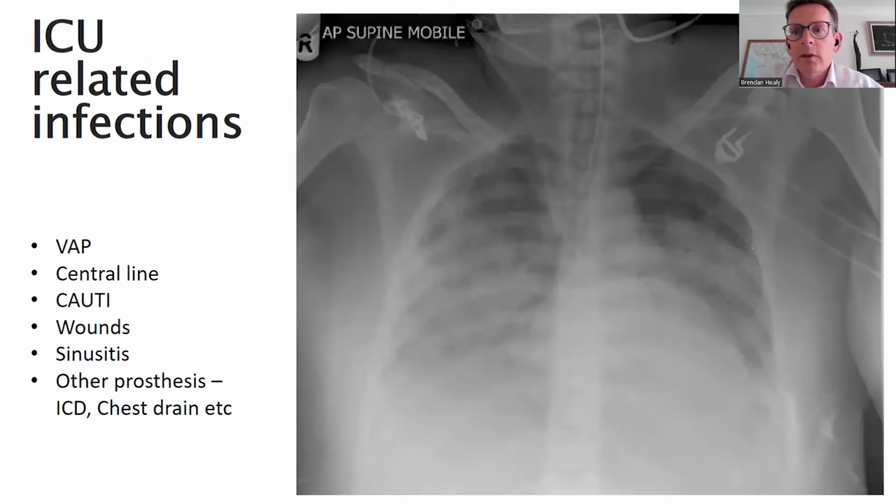And this graphic is really just to show the sorts of reasons why the intensive care patients are so compromised. Essentially, we compromise every single part of their immune system to make them at risk of infections. So we can see in this X-ray here, the patient is intubated.